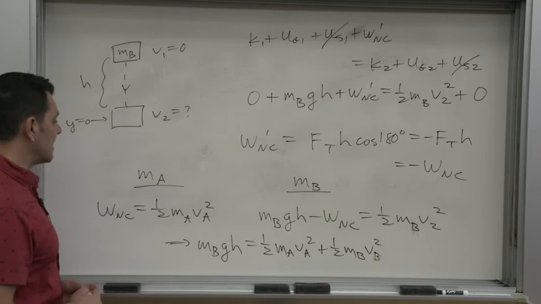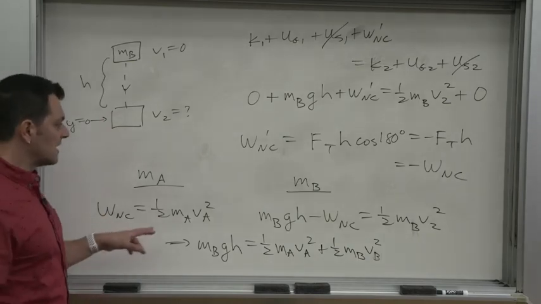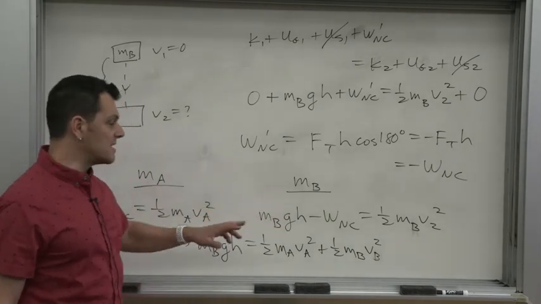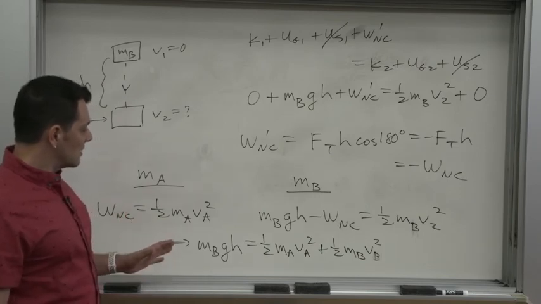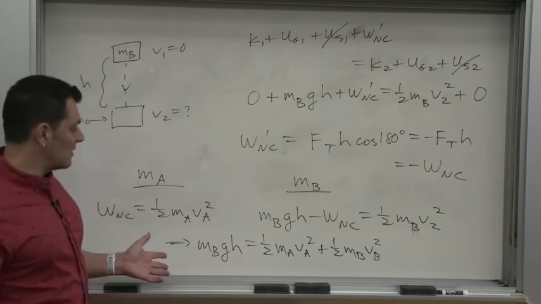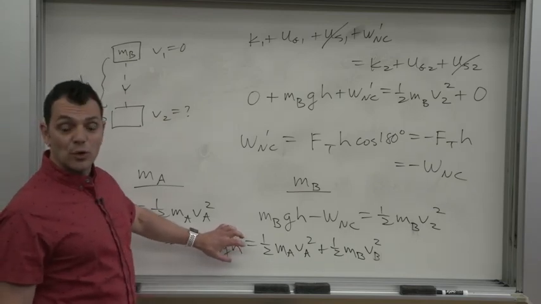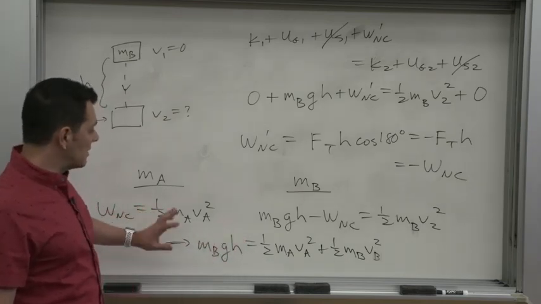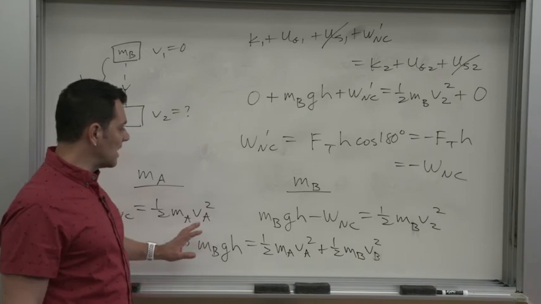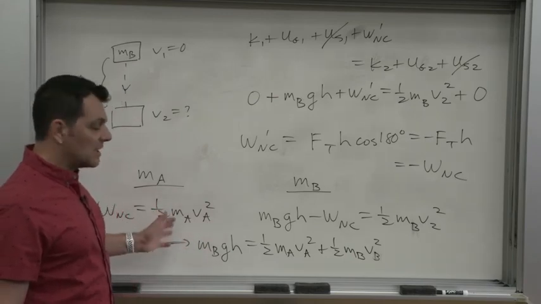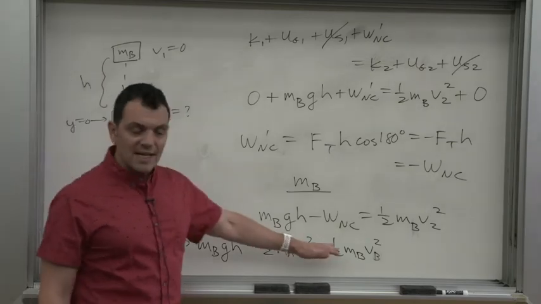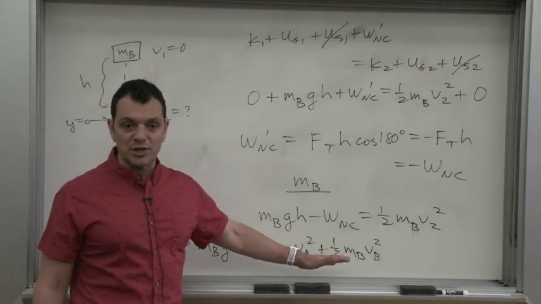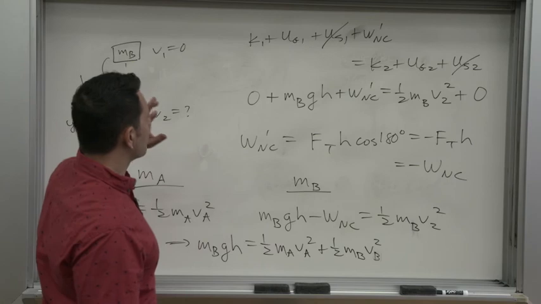So once again, I added this equation to this equation. And what happened? The WNC terms canceled. So now what do I have here? On the left-hand side, I have the total initial mechanical energy of the system. And on the right-hand side, I have the total final mechanical energy of the system.